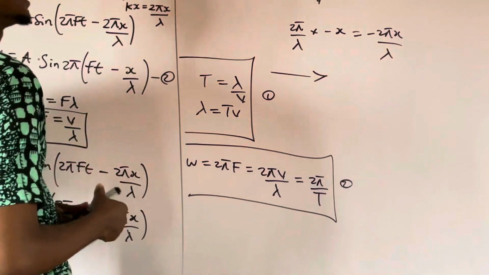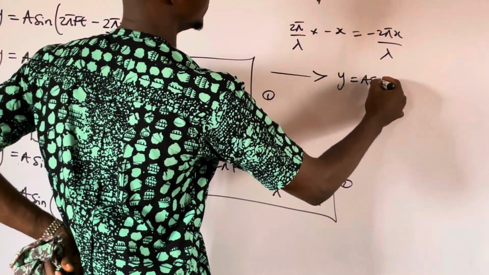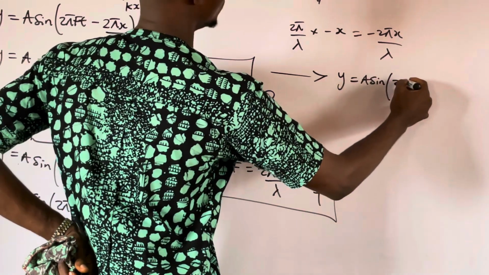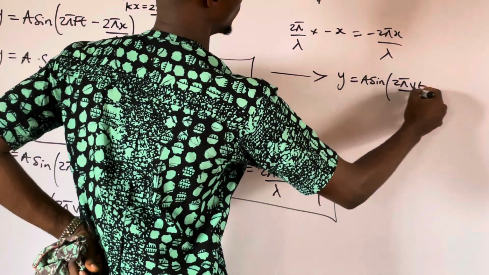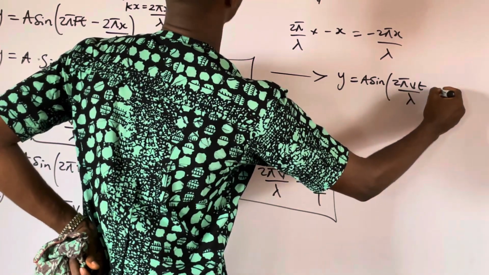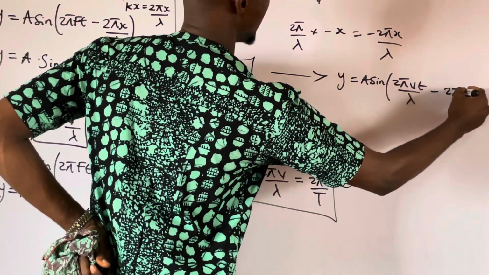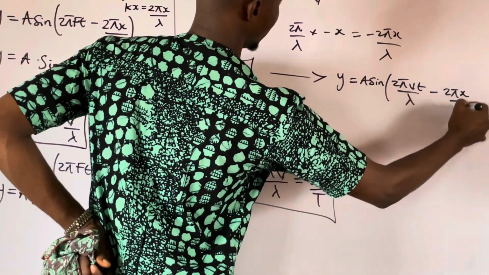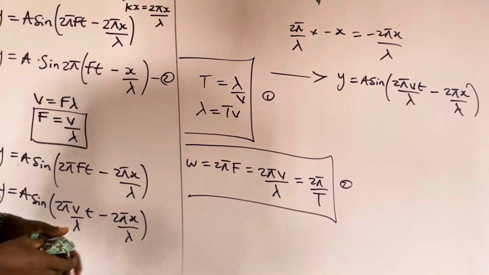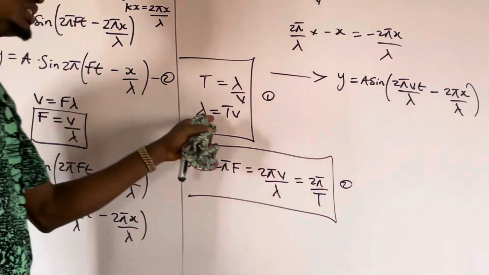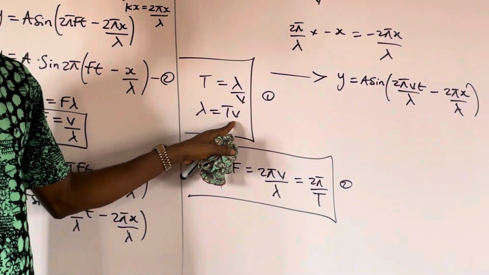From equation 3, I have that y equals a sine bracket 2 pi vt over lambda minus 2 pi x over lambda, right? Now I want to use this for my equation 4, which means lambda here is equal to Tv, right?